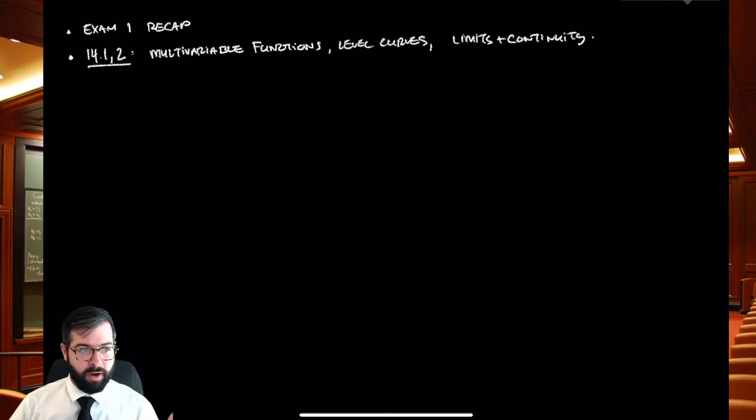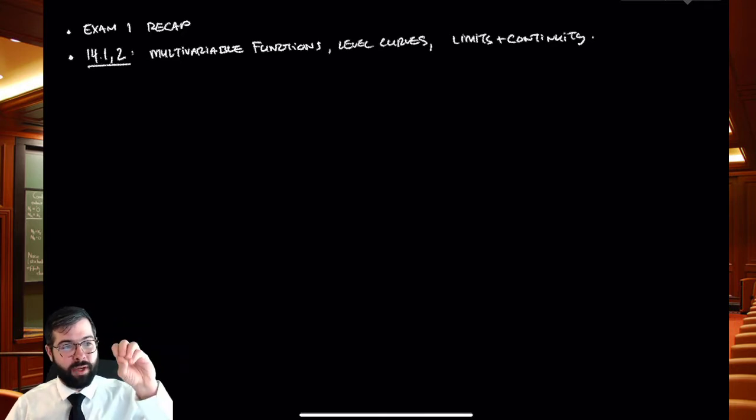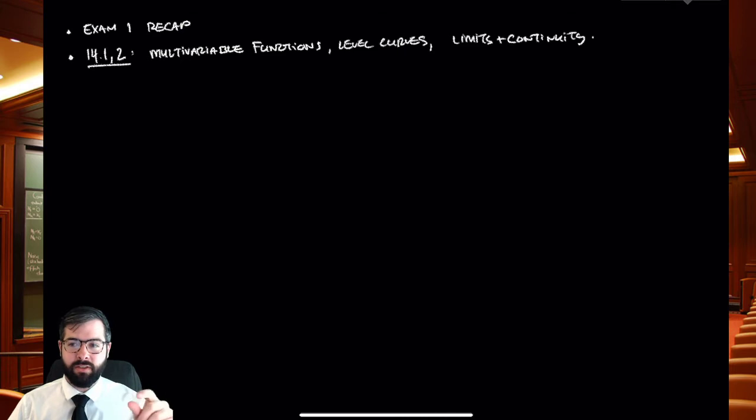We'll look at some graphs, but we'll look at an even more useful tool, which is called level curves or level surfaces. And these things scale up well to n-dimensional spaces. And then we'll look at the ideas pretty briefly of limits and continuity. These would probably get a more formal treatment elsewhere.